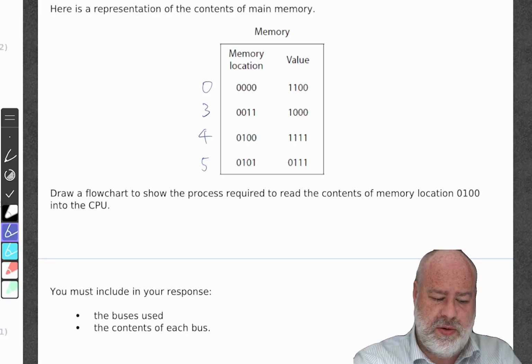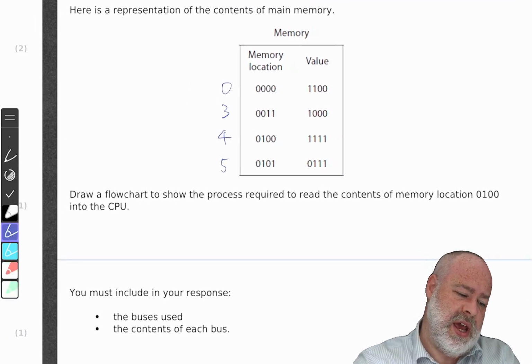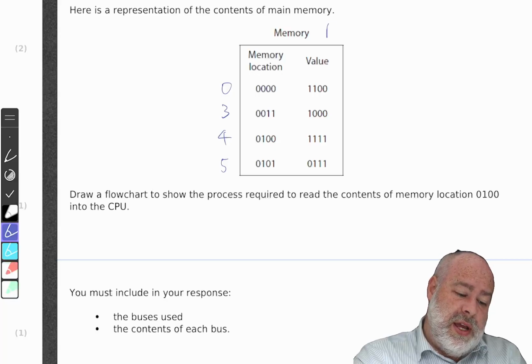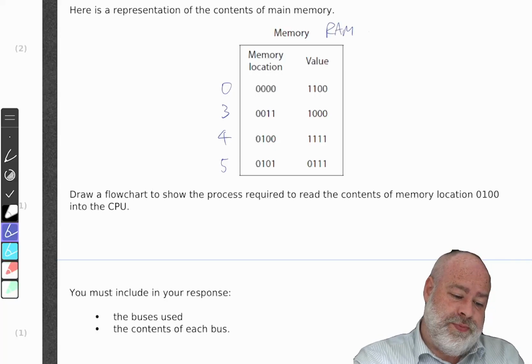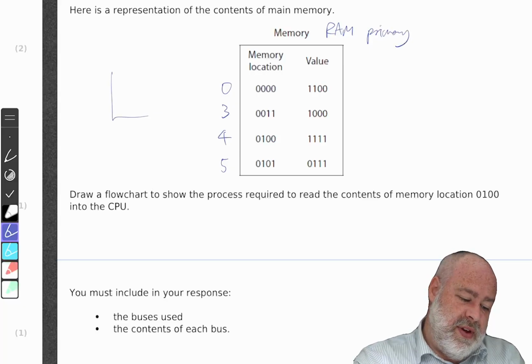Okay, so already there's just lots of little confusing, annoying things about this, which I don't like. But this is primary memory. It's going to be RAM, and it's going to be interfacing with the CPU. CPU is going to be over here.